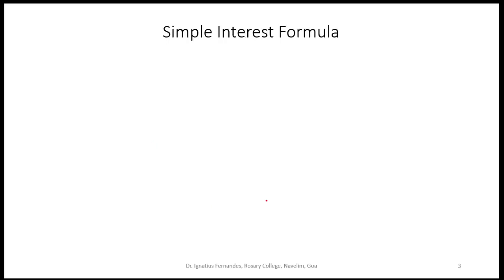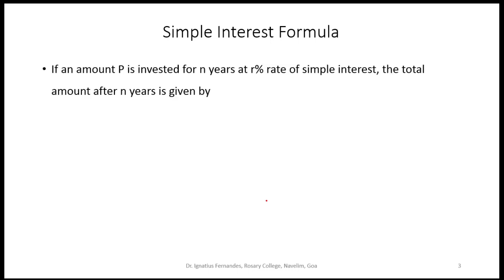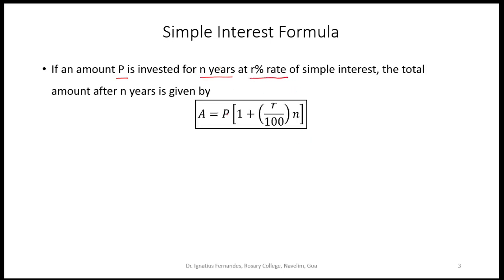Okay, so if I have to write this in terms of the formula, the simple interest formula we write as: if P is the principal amount that is invested for n years in general at R percent rate of interest, then the total amount is given by A equal to P into (1 plus R upon 100 into n).